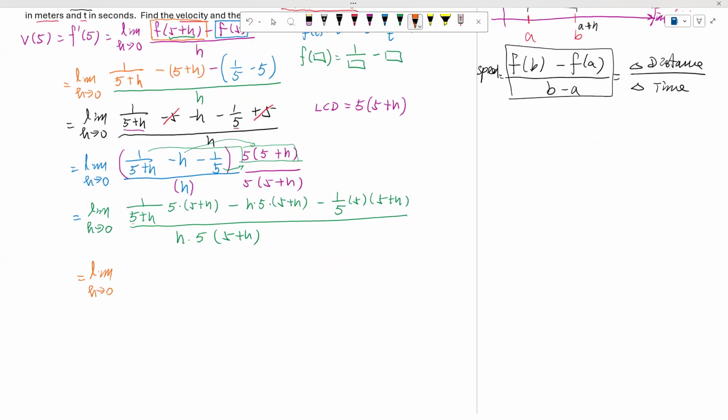Okay, so 5 and 5 plus h and 5 plus h cancel, so I have 5 left, minus 5h, 5 plus h minus 5, and 5 and 5 cancel.